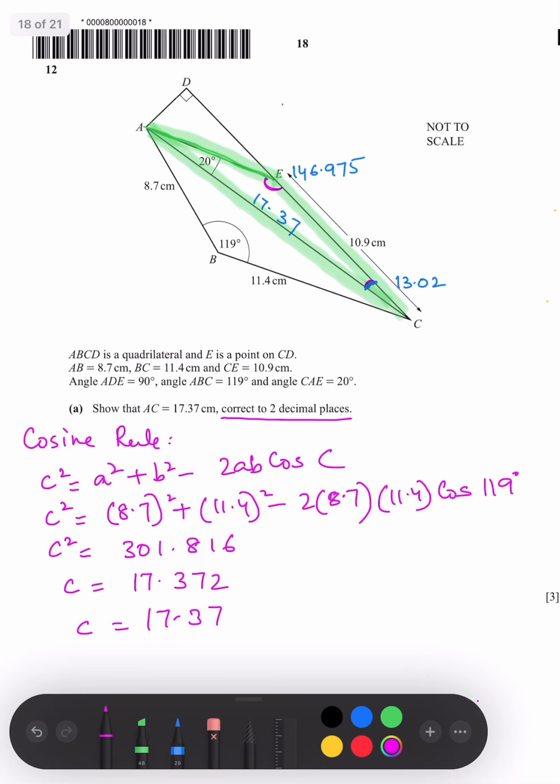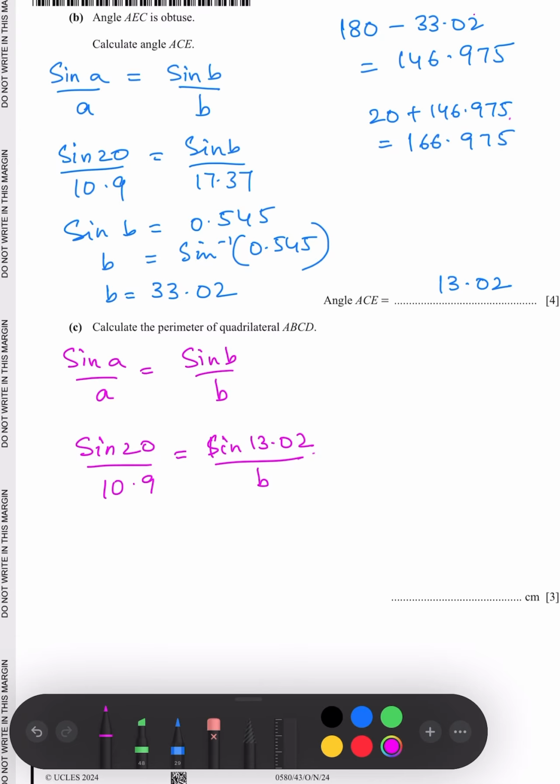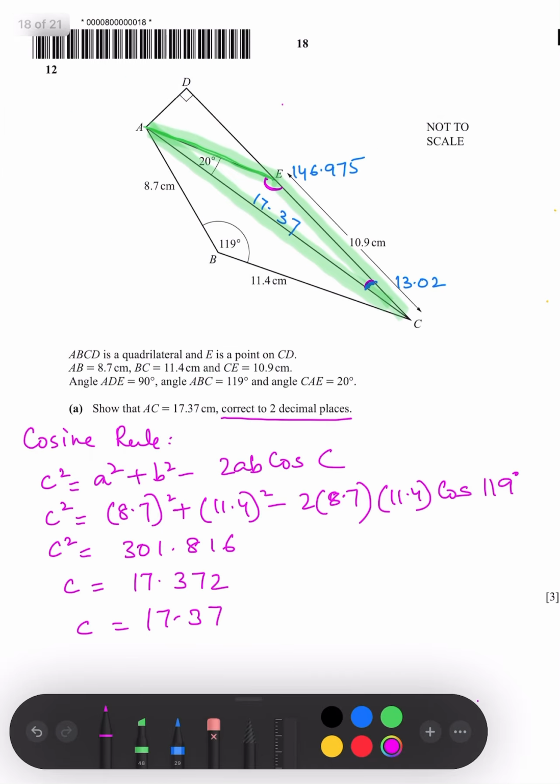Okay, let's calculate it. Sine 13.02 multiplied by 10.9 and divided by sine 20. So b is equal to 7.17. This side is equal to 7.17, right?